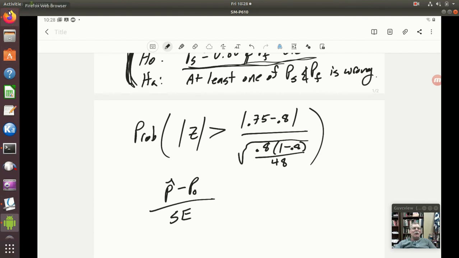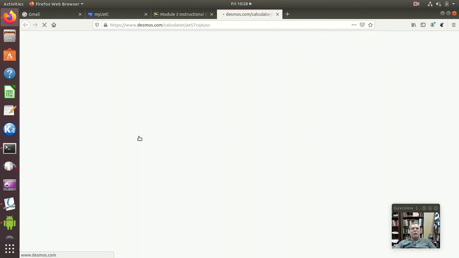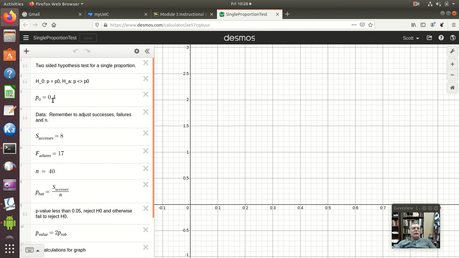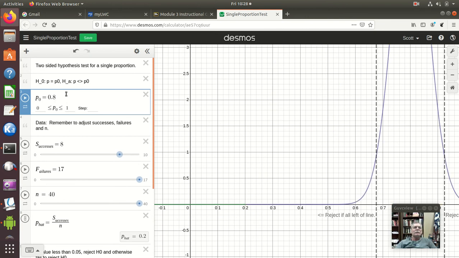You can go here, and here's a test of a single proportion. What is our p0? In our case, it was 0.8, our hypothesized value. Then remember to adjust successes, failures, and n.